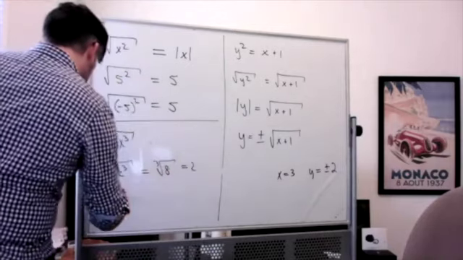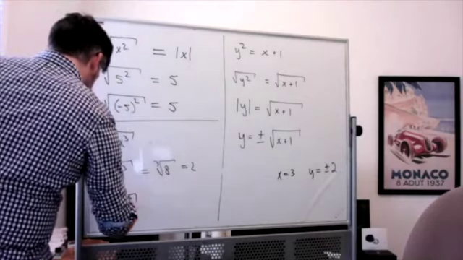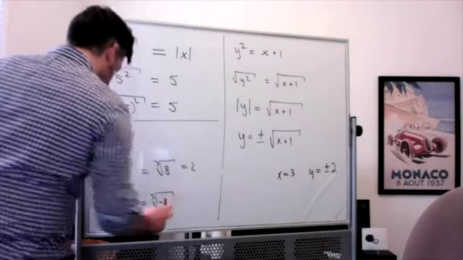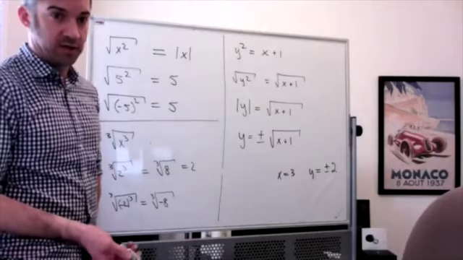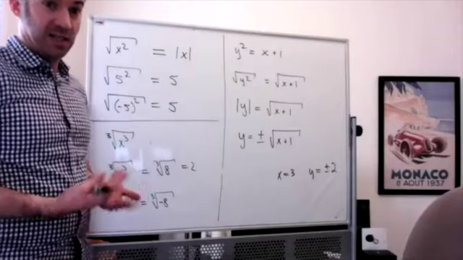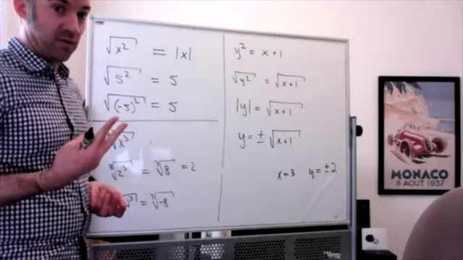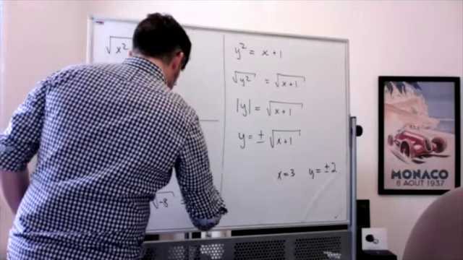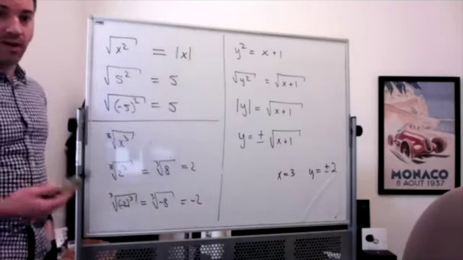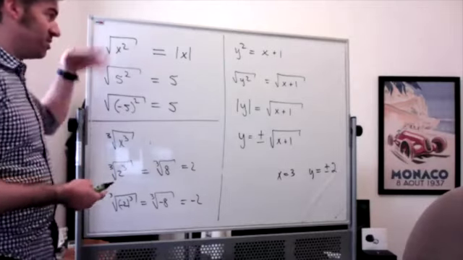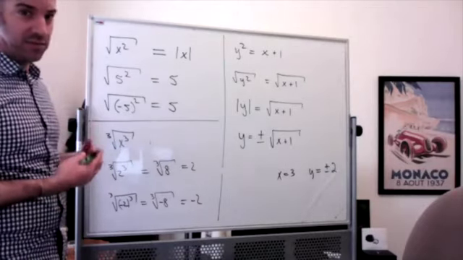But if I do the cube root of negative 2 cubed, that's the cube root of negative 8. When you're looking for the cube root of a number, you're asking, what do you multiply by itself 3 times to get negative 8? The answer is negative 2. Negative 2 times negative 2 is 4, times negative 2 is negative 8. So odd roots and powers retain the sign, whether positive or negative. Even roots and powers do not. They make everything positive.